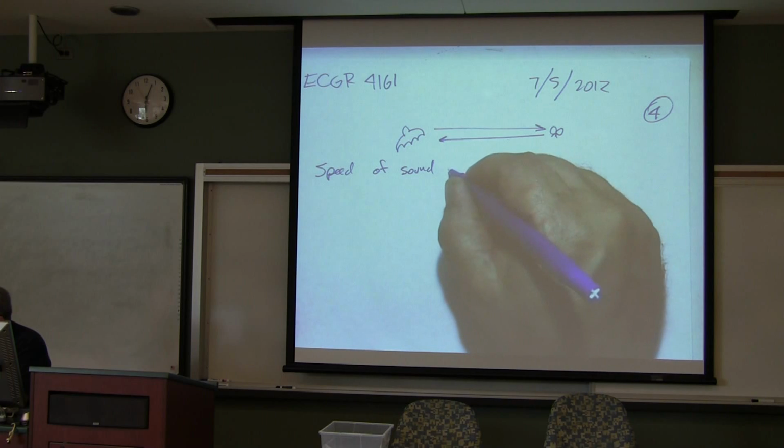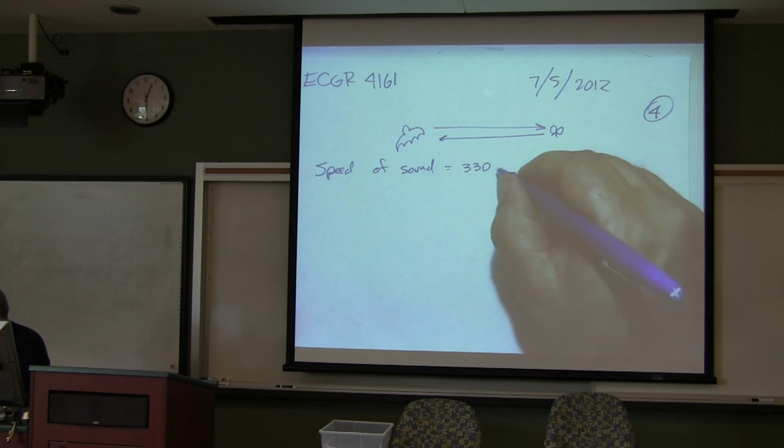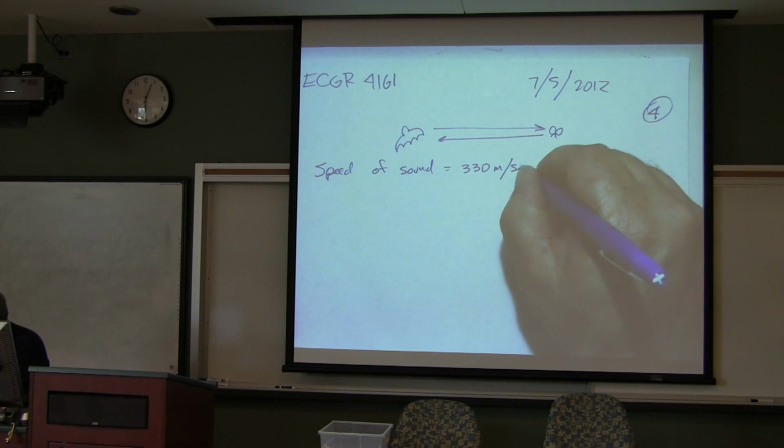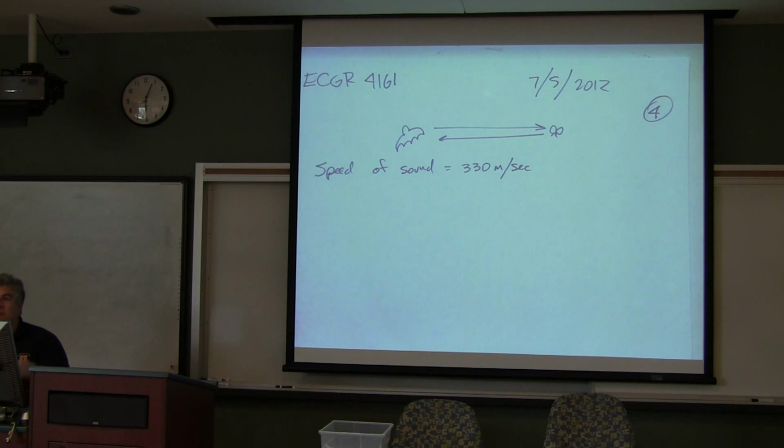Let's say a nice rough estimate is 330 meters per second, because that's about the range we're going to be working with. At sea level it's about 336 meters per second.